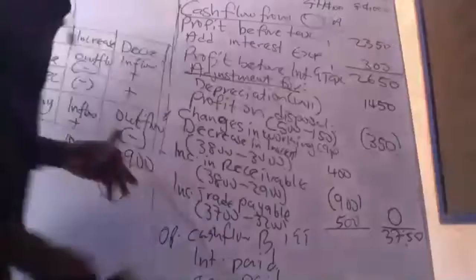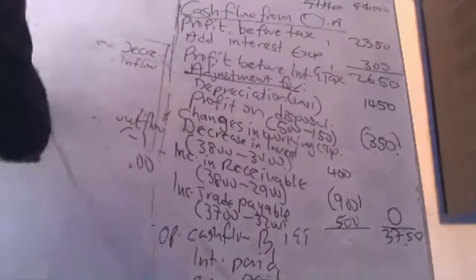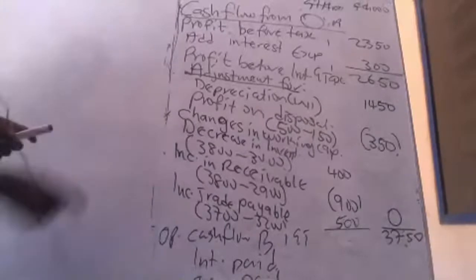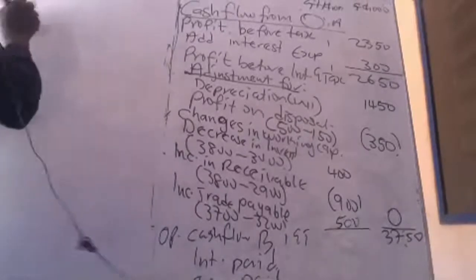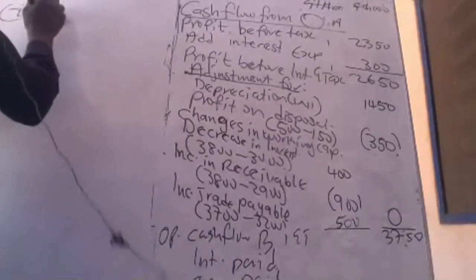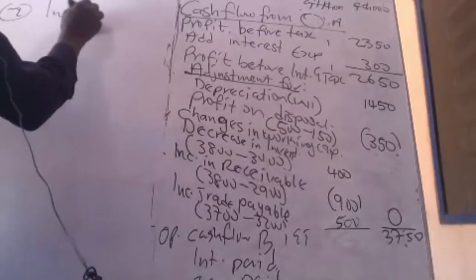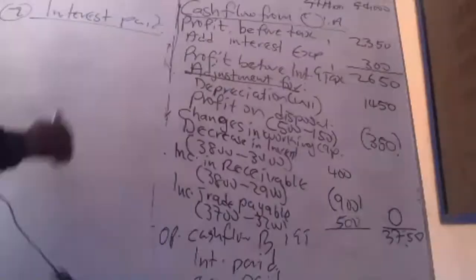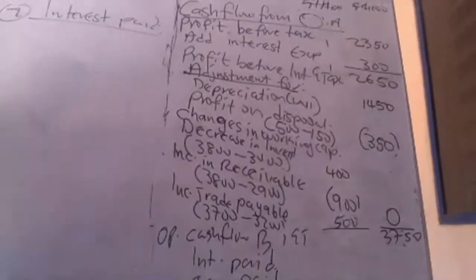So if you want to get the tax and then the interest paid, what do you do? So workings number 2: interest paid. Now check the current liability to see if you see interest payable there.